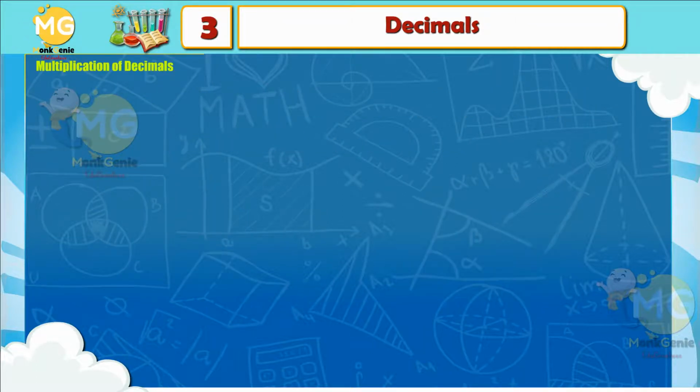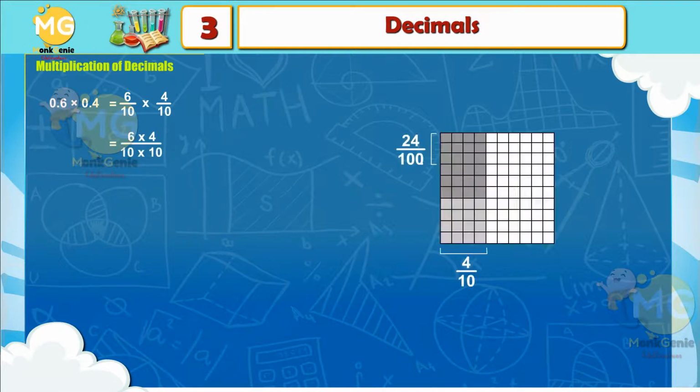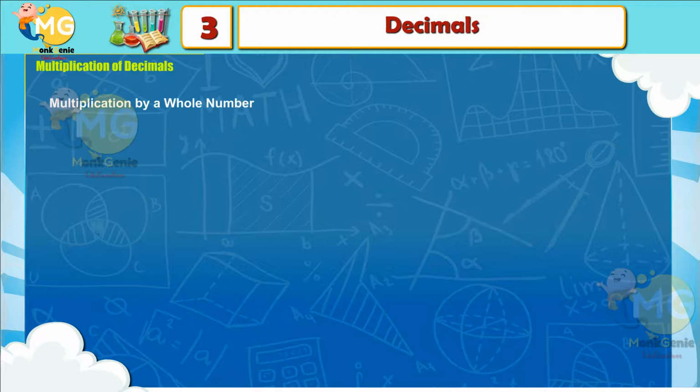Multiplication of decimals. 0.6 multiplied by 0.4 is equal to 6 upon 10 multiplied by 4 upon 10 is equal to 6 multiplied by 4 upon 10 multiplied by 10 is equal to 24 upon 100 is equal to 0.24.